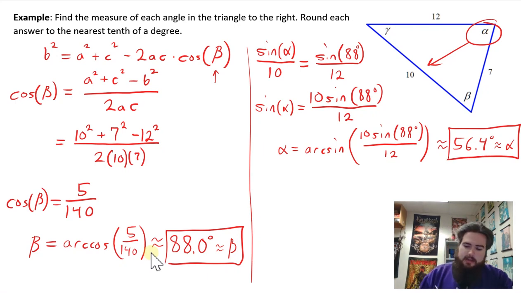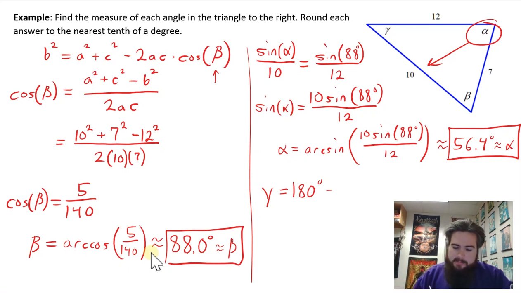From here then, I only need to solve for gamma, and I again could use law of cosines if I wanted to, or law of sines if I wanted to, but there's no need. Since I now know two angle measures in this triangle, I could solve for the third, just considering that the angle measures of the triangle should add up to 180 degrees.